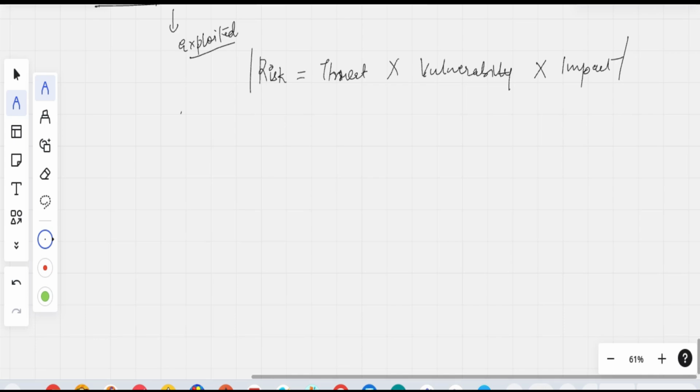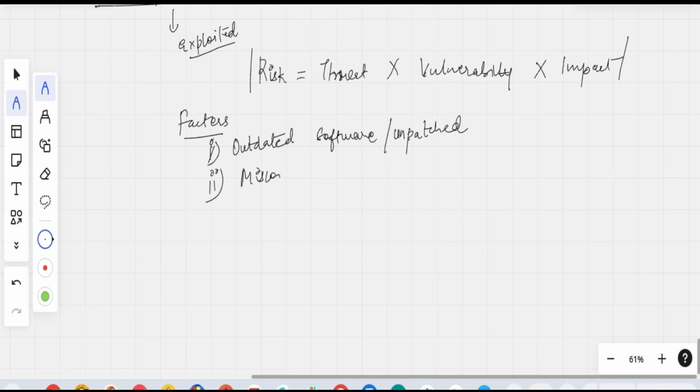Now look at the factors that cause risk. Let's take it from the basics: if you have outdated software. How could the software be outdated? Because it is unpatched. The second could be a misconfigured system, which could be human error or an unidentified error.